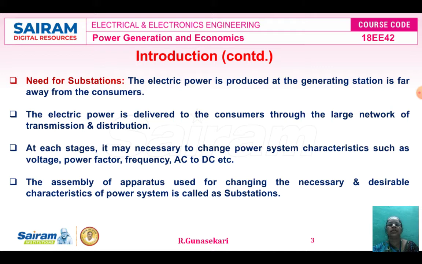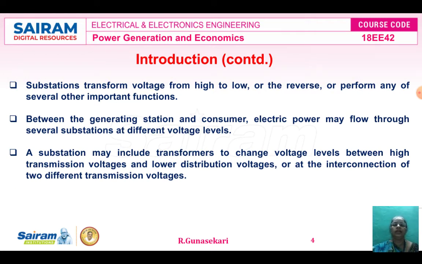This is the need for a substation. Substations transform voltage from high level to low level, or the reverse, low level to high level, or perform any one of several other important functions.